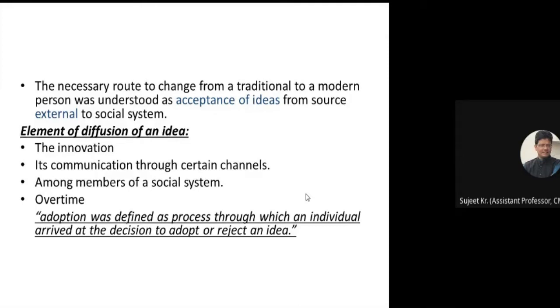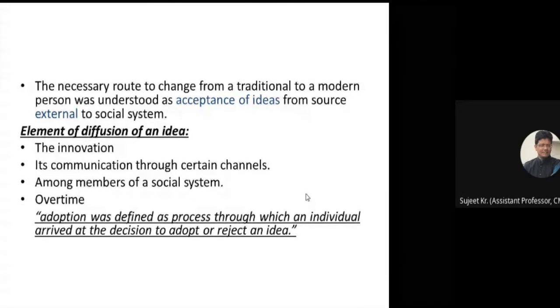If you read all these four elements in a sentence, it is like this: diffusion of an idea is the innovation and its communication through certain channels among members of a social system over time. This is the complete sentence, and these are the elements of diffusion of an idea.